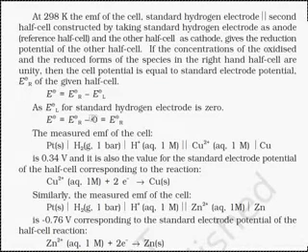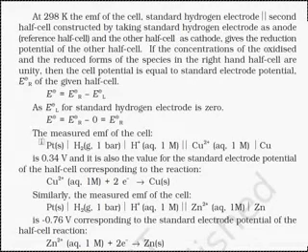So here hydrogen is on the left hand side, that is hydrogen half cell or standard hydrogen electrode acts as anode, so the value is taken as 0 and we get E naught cell is equal to E naught R, that is cathode.